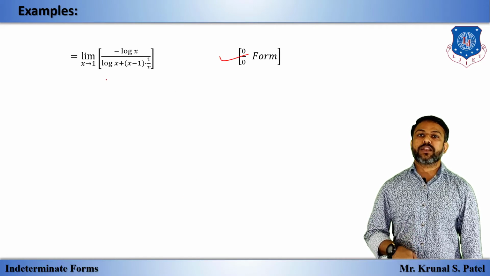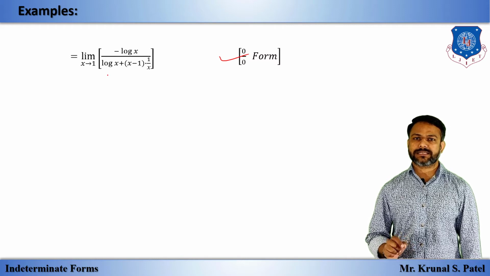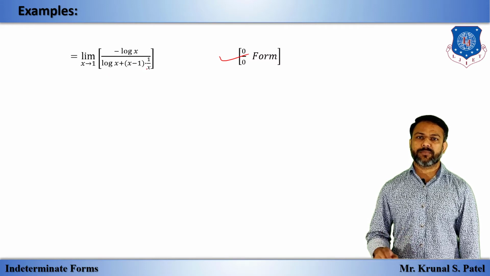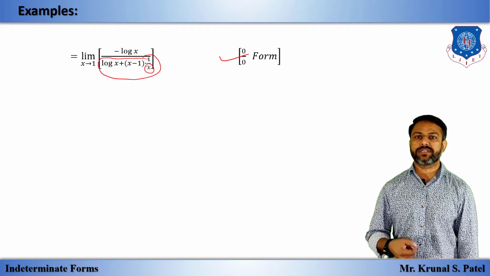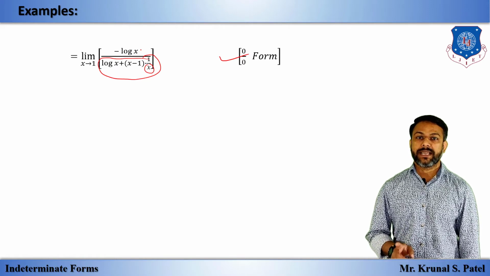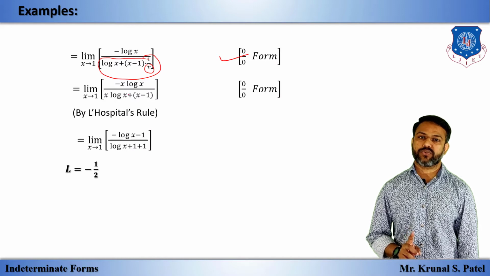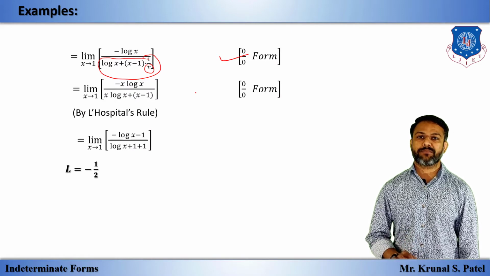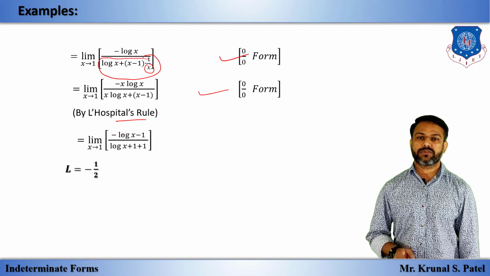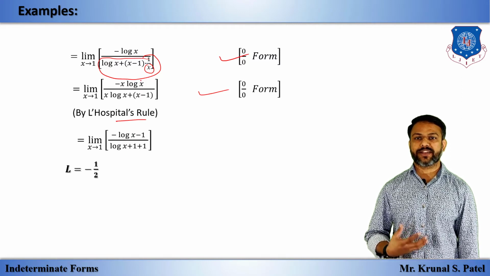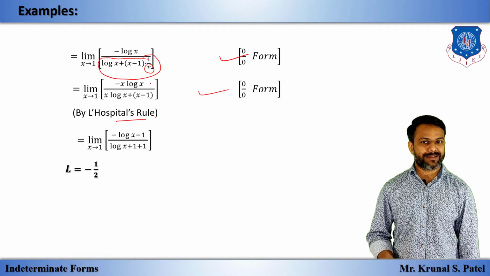Before applying L'Hopital's rule, let's just take LCM in the denominator only. So this x multiplied with log x goes to the numerator. So we have this, and this is 0 by 0 form again. So if we apply L'Hopital's rule, then we have to differentiate numerator and denominator separately.